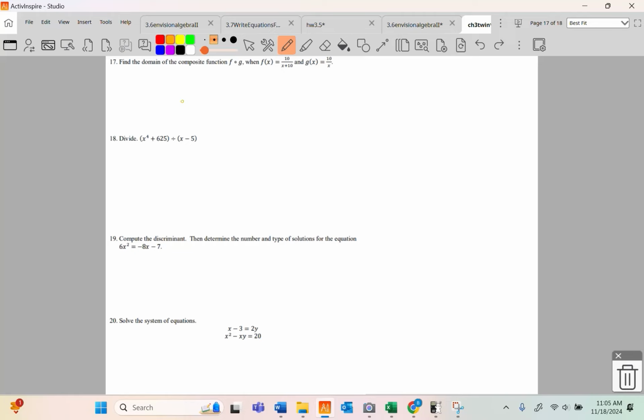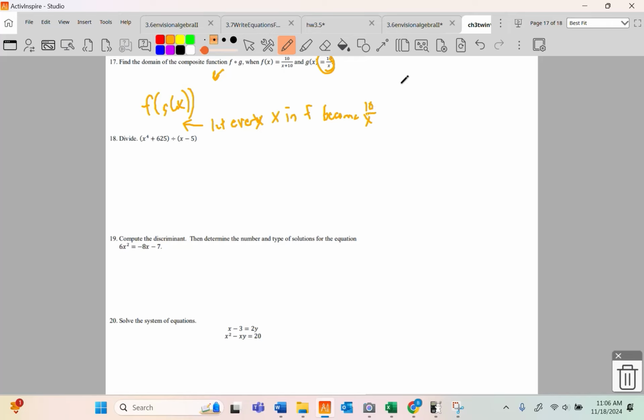So find the domain of what we call the composite function, f of g. All right, so this is what this looks like in a more traditional form, f composed of g of x. And what this is saying is let every x in f become g of x, 10 over x.